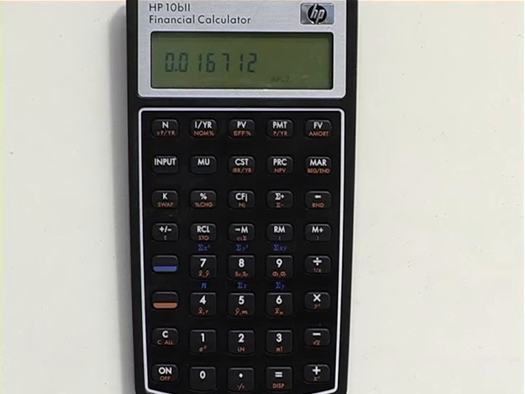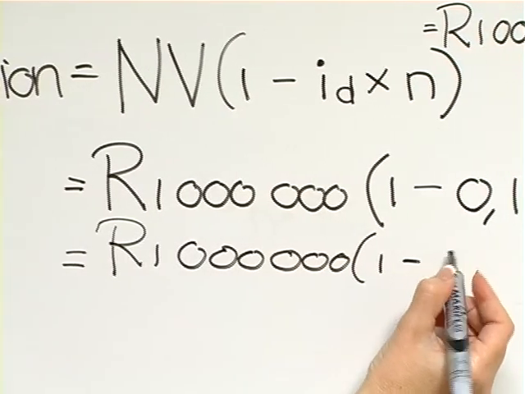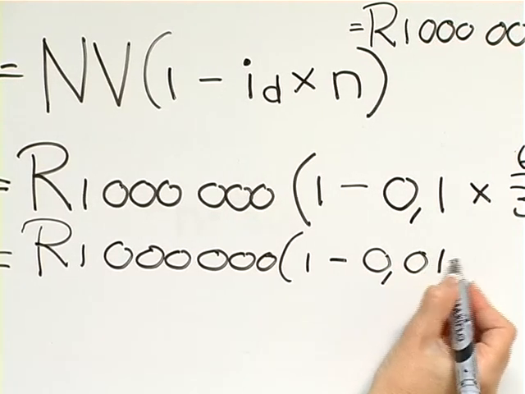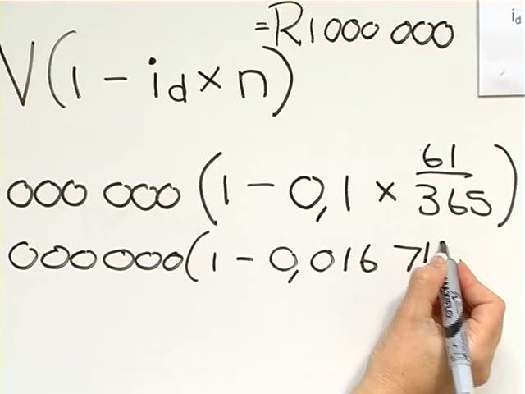If we write it down: 1,000,000, 1 minus 0,016712.